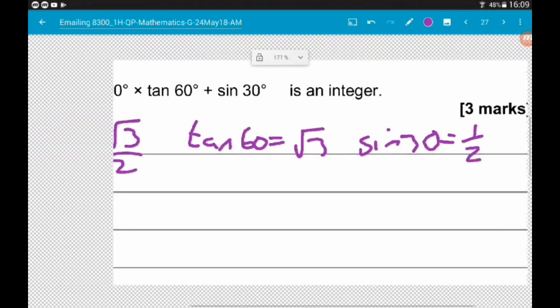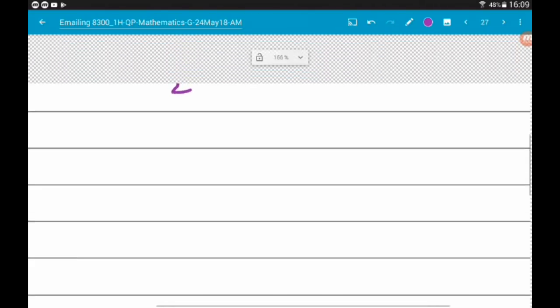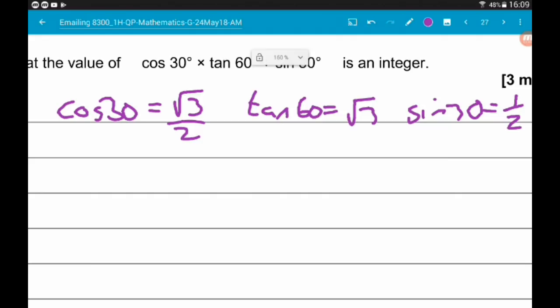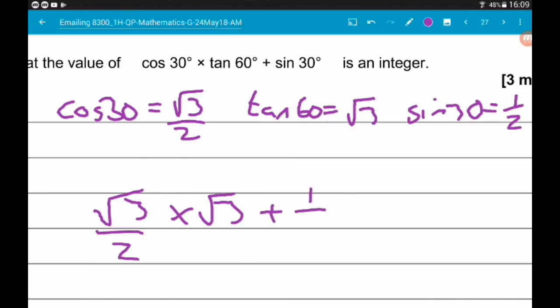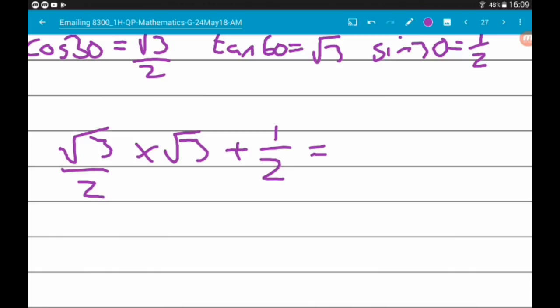So our expression is then root 3 over 2 times root 3 add 1/2. So root 3 over 2 times root 3 is root 3 times root 3 over 2.